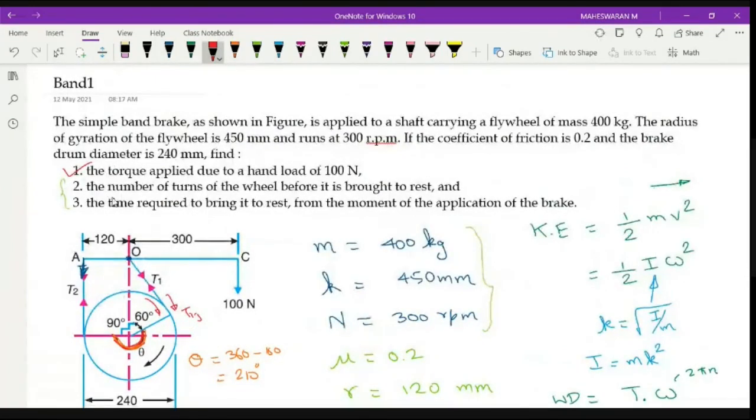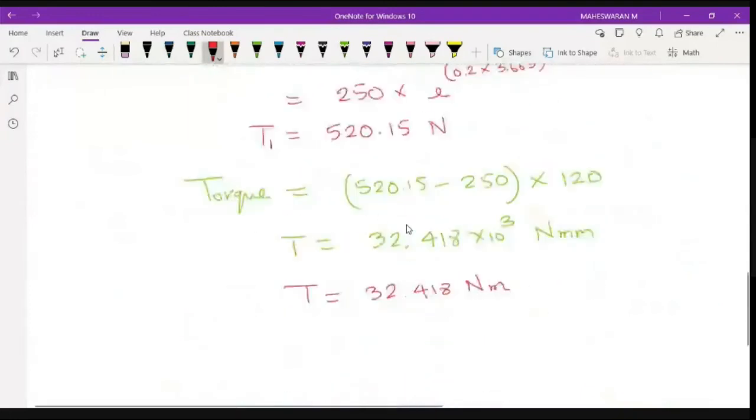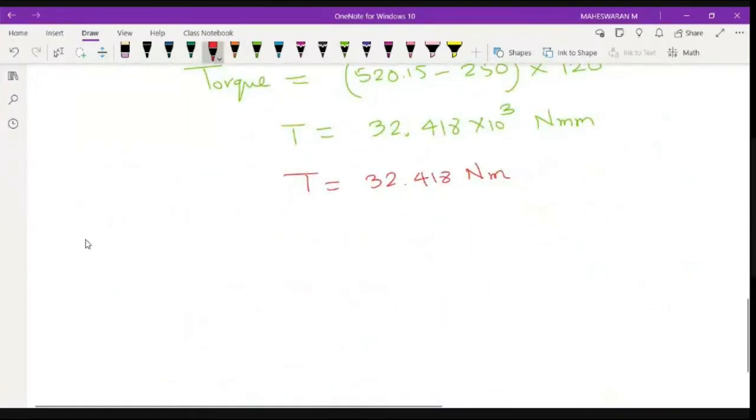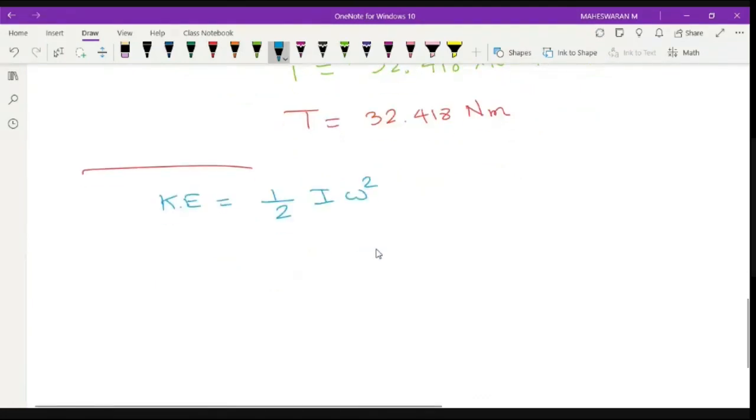Next, the number of turns on the wheel before it is brought to rest. As I told you, I have to relate kinetic energy with the work done. So that is the second part. First, I have to identify the kinetic energy. Kinetic energy is half into I into omega square, where I can write it as half into m into k square into omega square.